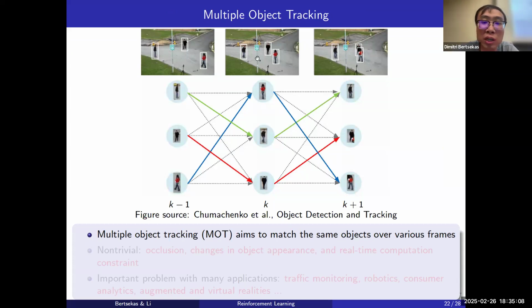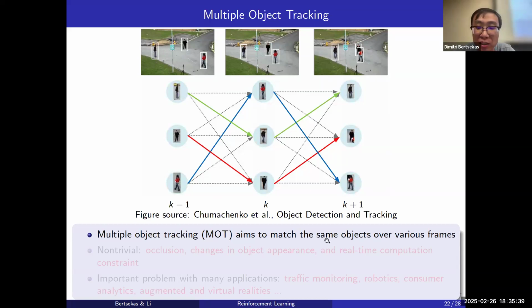Now these are 3 images from a video from a civilian camera. After some initial algorithm, it recognized in each image there are 3 people. And our goal is to associate or attach the same person with the same ID.